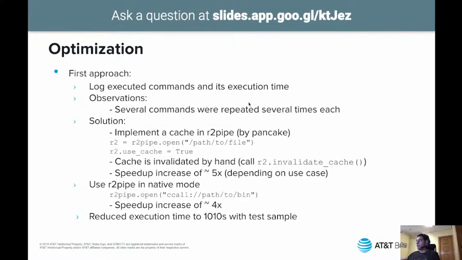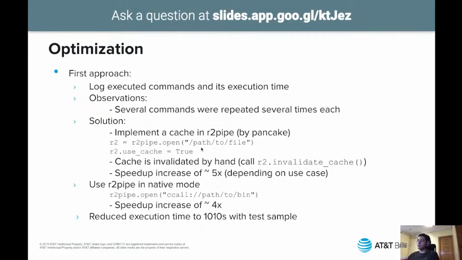And the solution for that was to implement a cache in R2pipe, which actually Pancake did. The cache, if you want to know how to use it, because I think it's fairly new and I don't think it has made it to the docs yet, works like so: you just open a file and then set the use cache flag to true, and from that point onwards, how it works is very easy.